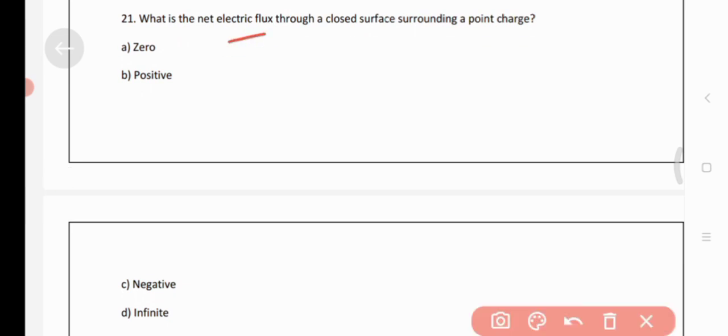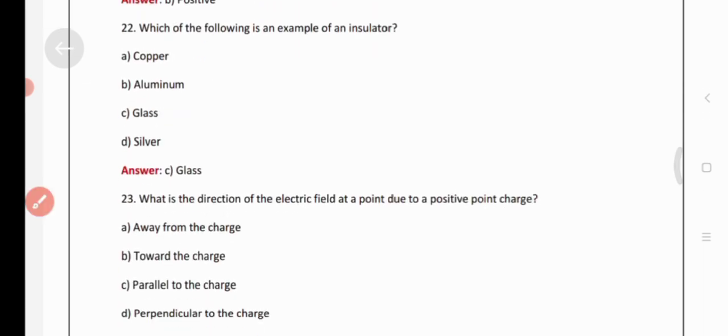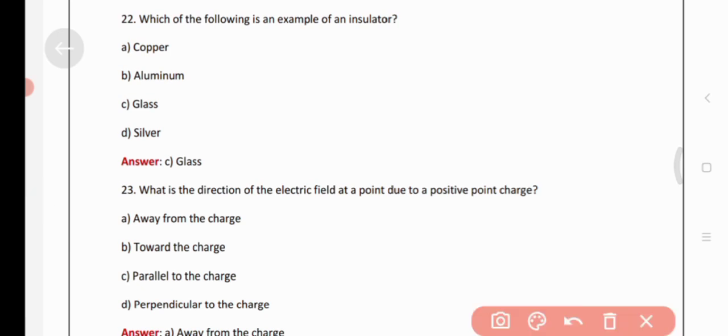What is the net electric flux through a closed surface surrounding a point charge? Option B, positive. Which of the following is an example of an insulator? Option C, glass.